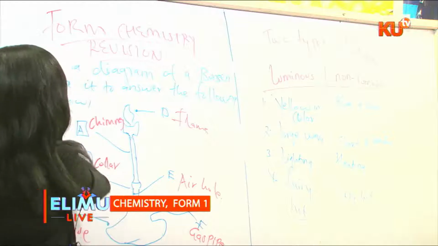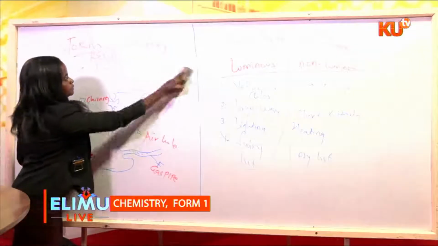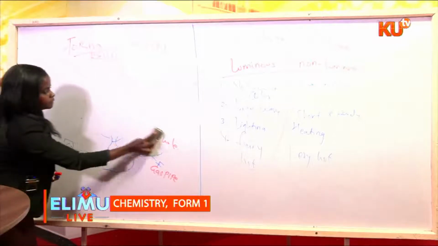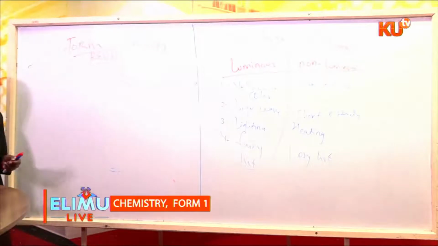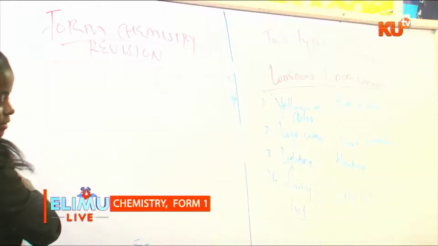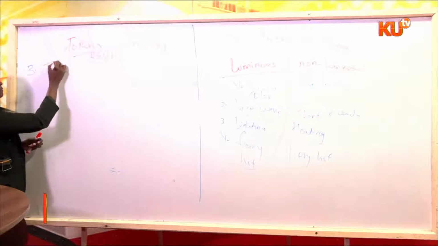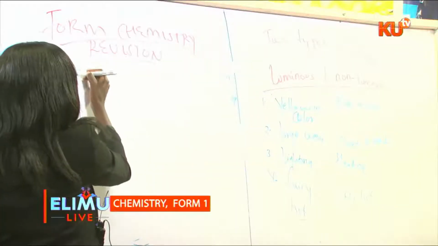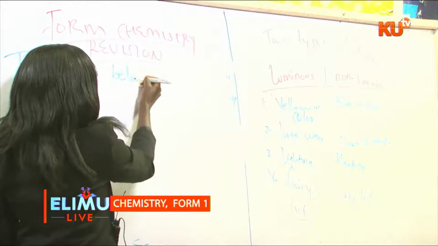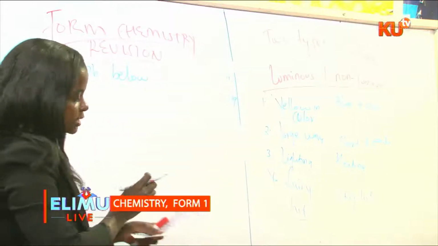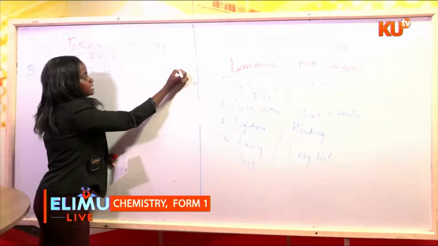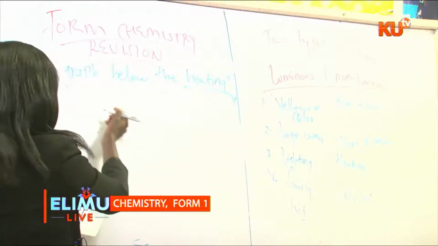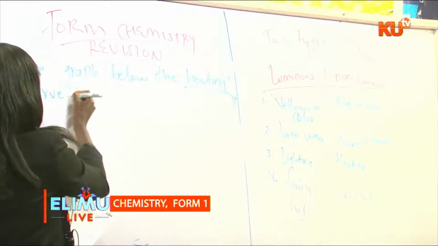So this is the third question. The third question that we are going to use in Form 1 chemistry revision is: the graph below shows the heating curve of water.